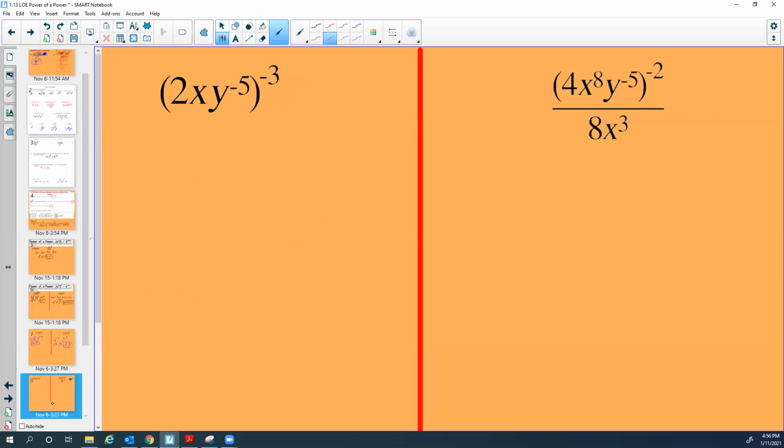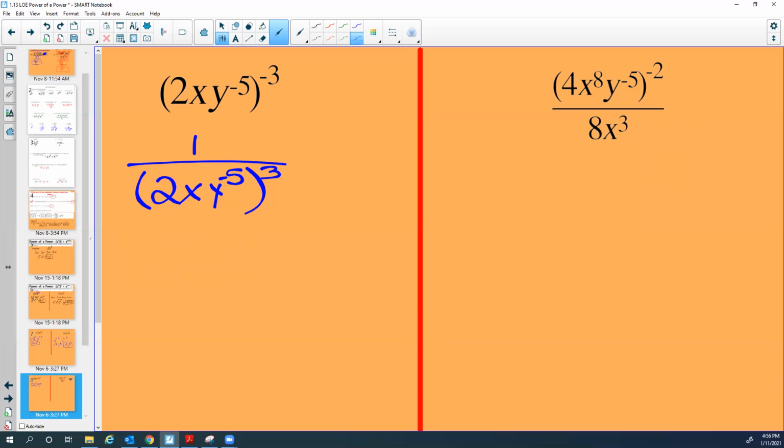So here, for example, on this first one, this would change to 1 over 2x, y to the negative 5, to the third power. Now that negative 5 there, that's inside the parentheses, I didn't change that because that part didn't get moved. Only the parentheses part did.